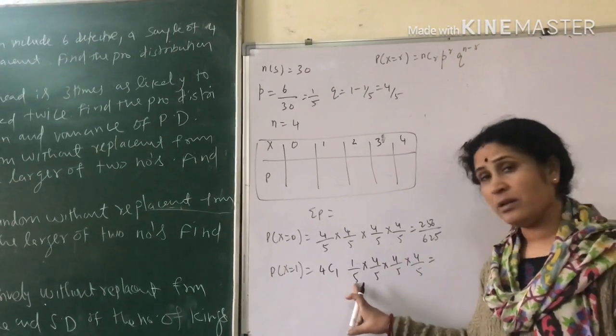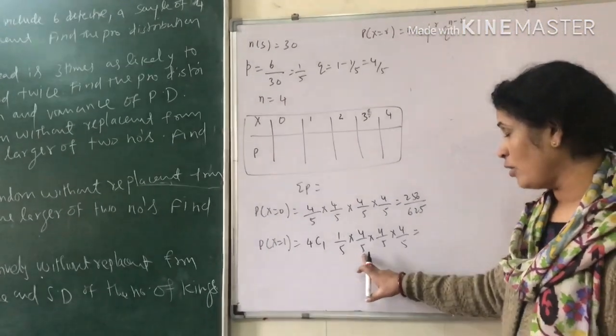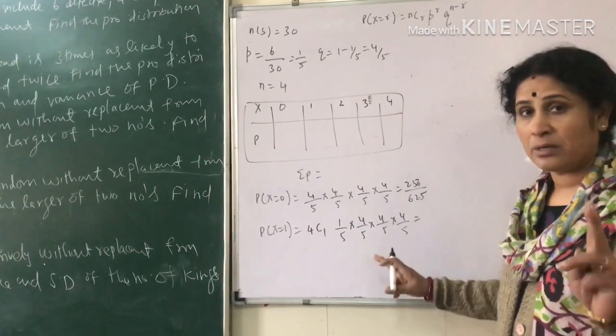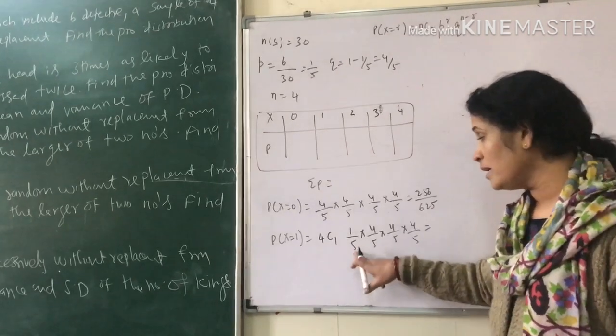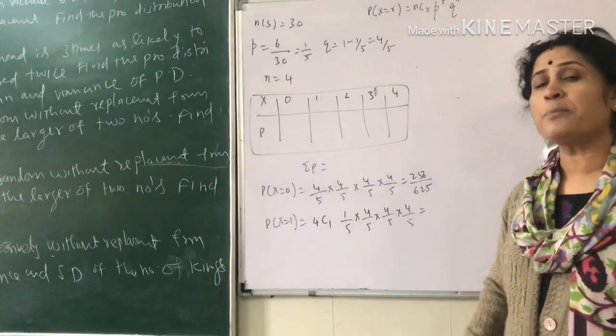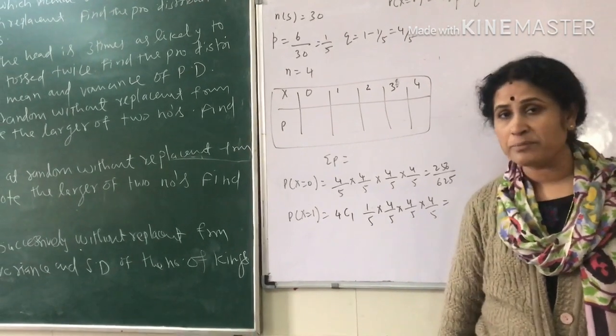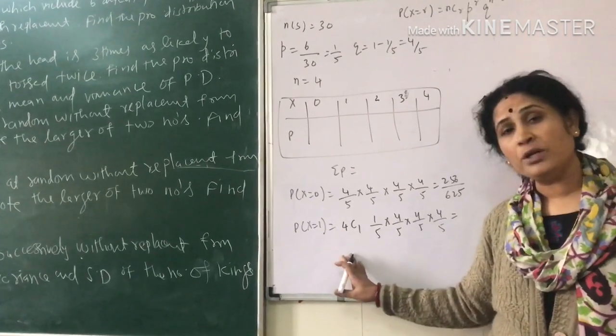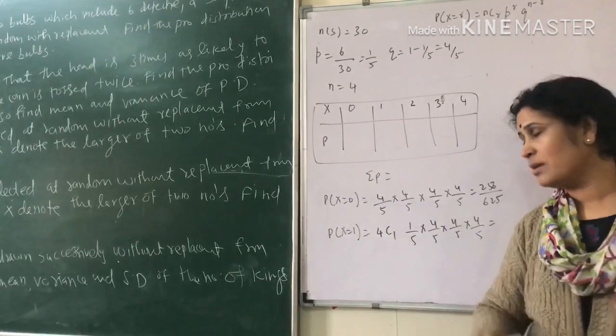Or non-defective, non-defective, defective, non-defective for the third chance, and for the last chance non-defective, non-defective, non-defective, defective. That is up to your choice. If you want to write it 4 times, you can, otherwise you can use this formula.